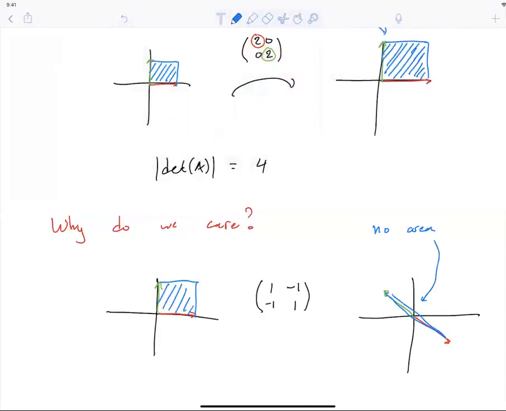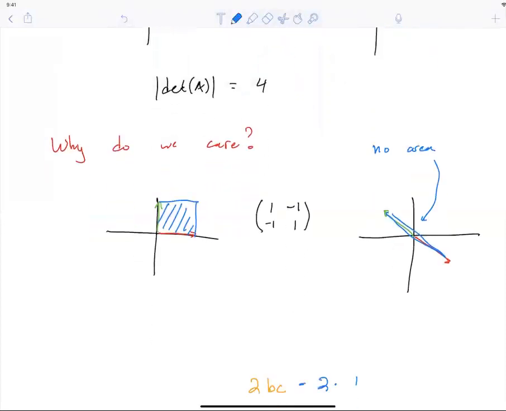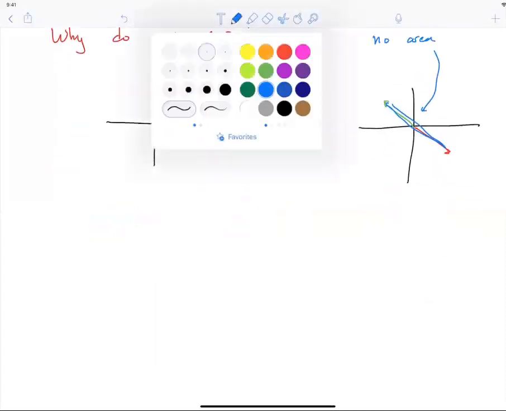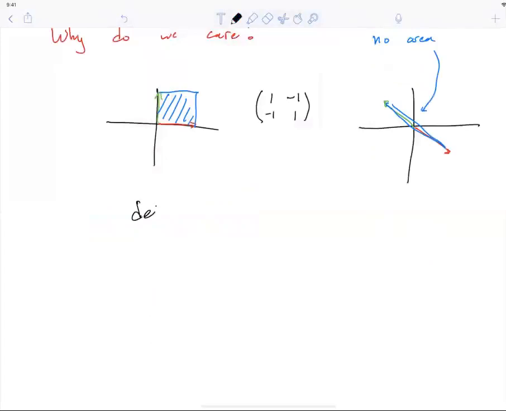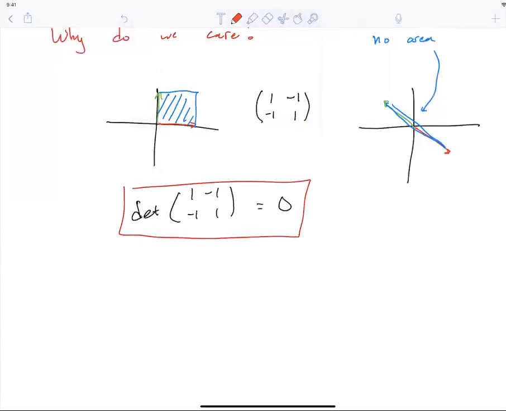In fact, there's no area here. There's no area whatsoever. So the determinant of this matrix is going to be 0. And this is going to strongly indicate many, many things. This is going to indicate that this matrix is not invertible. In fact, there's a squash in dimension, so that's indicative that the matrix is not invertible.